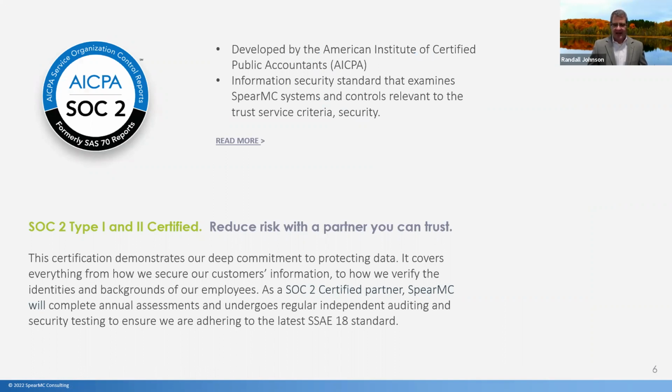SpearMC is SOC 2 Type 2 certified. We achieved that earlier this year. This is that certification that, back when I was an internal auditor and an external auditor, we called SAS 70.